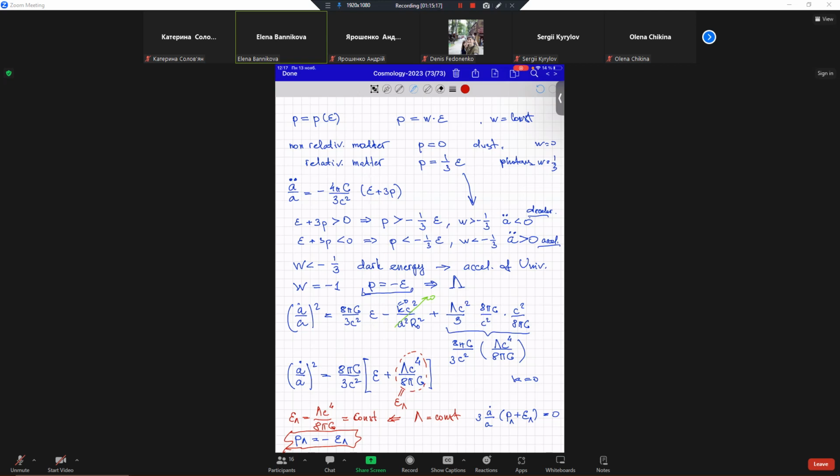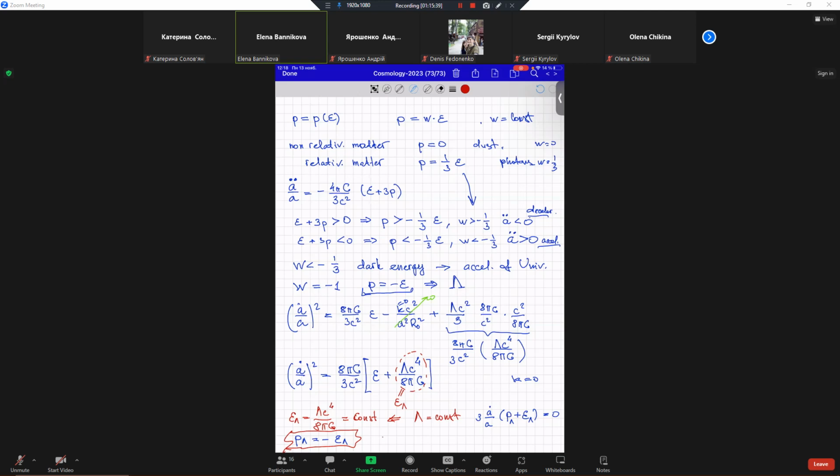So you can write the definition: the cosmological constant is a kind of component of the universe which has a constant energy density and a constant pressure, which is negative.